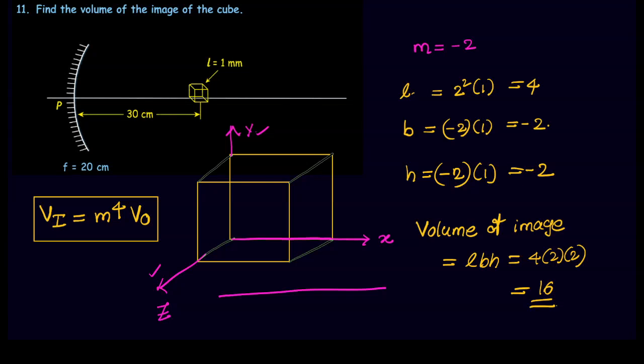Sir, can you explain L again? L. So look at one dimension here, this is the dimension which is parallel to the principal axis. How is it magnified? M square times.